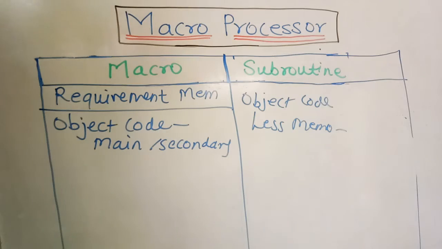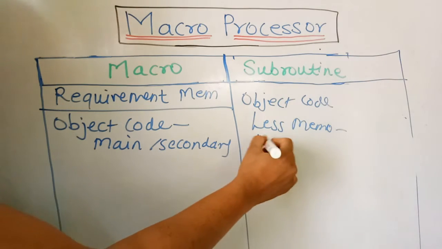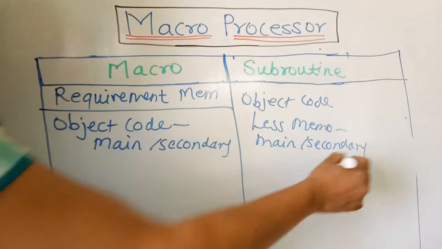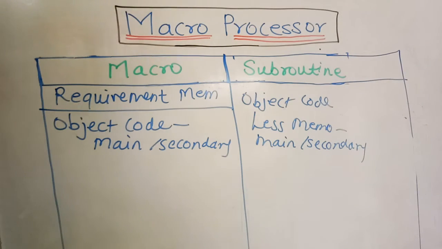In terms of main as well as secondary memory. Coming to the next differentiating part, what is the next difference? Its source code, meaning the macro source code, requires less secondary memory as compared to its object code.